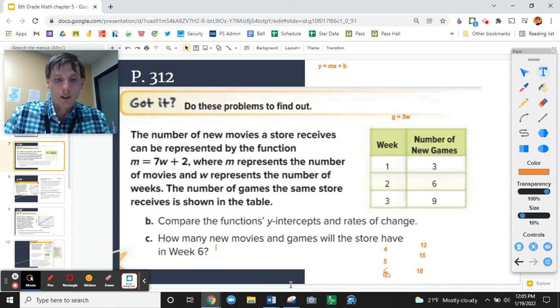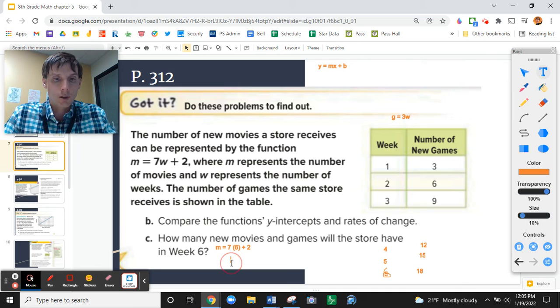So really we have the equation m equals 7. And go ahead and please write this down as we do this. 7 times the quantity of 6 plus 2. Okay. Calculator is going to help us for this unit. Do that multiplication first. We get 7 times 6 being 42.